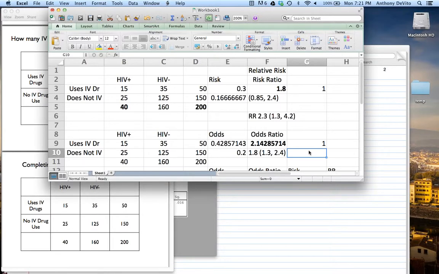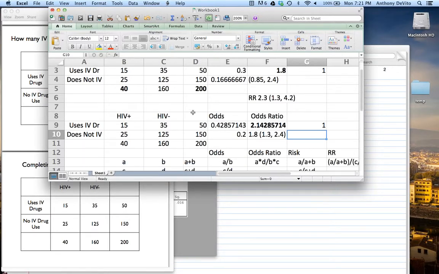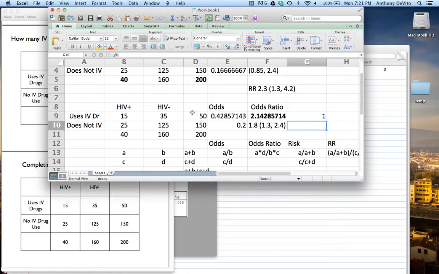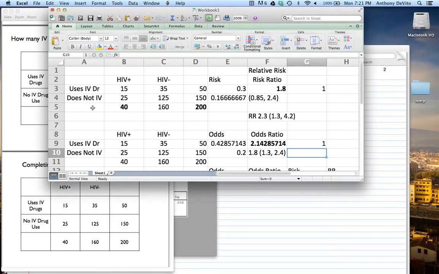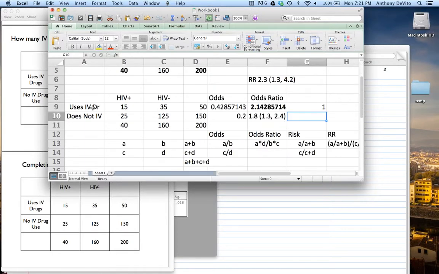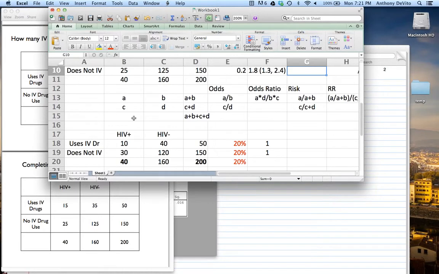Okay, so that's the way we would use this information. We need this because we don't have any other way to really effectively deal with two categorical variables. I'm going to give you another tool for working with categorical variables, and that's a tool called chi-square.